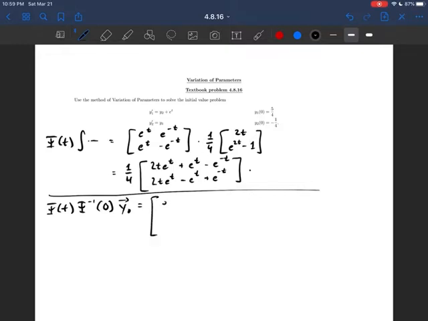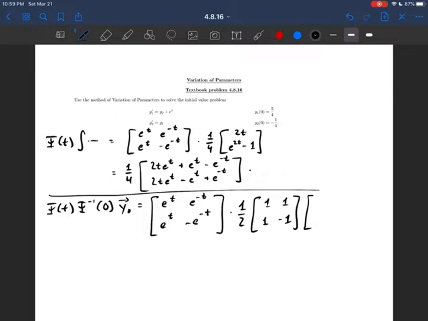And we have all these components, so we can just write them out. So this is, again, e to the t, e to the t, e to the minus t, minus e to the minus t. That is the fundamental matrix. Then times its inverse evaluated at 0. Hopefully you have that in your notes. I'm going to just write it down. That will be 1/2, and then when we put in all of those entries, it will be 1, 1, 1, minus 1.